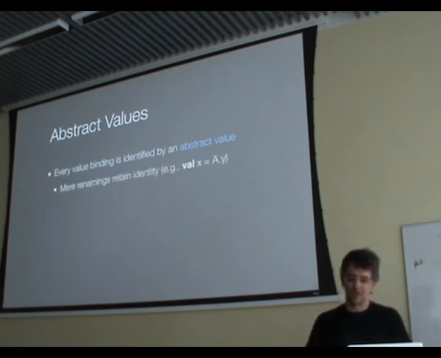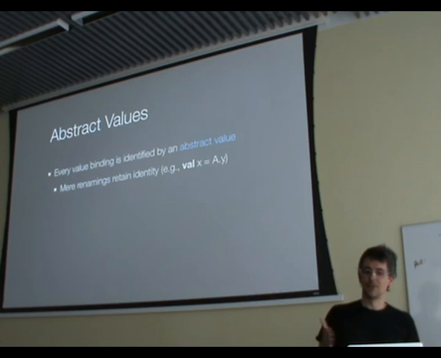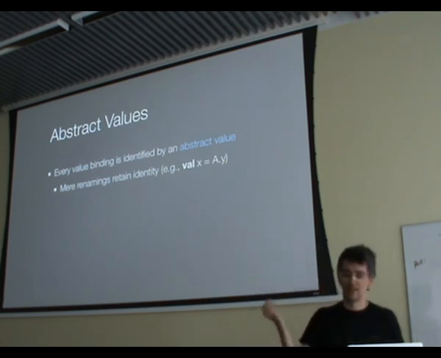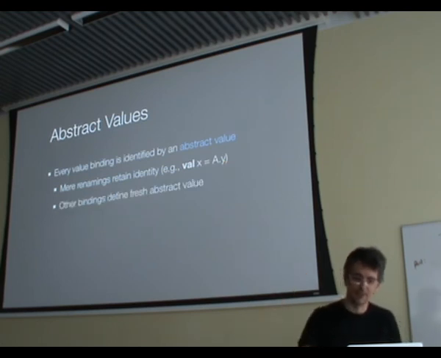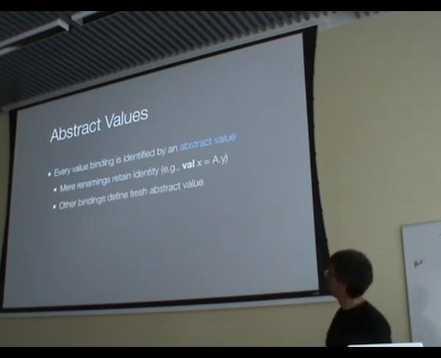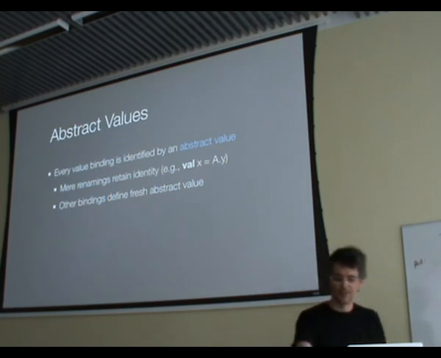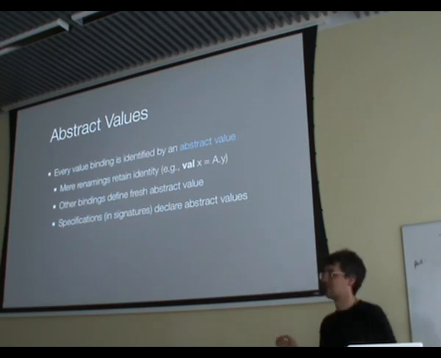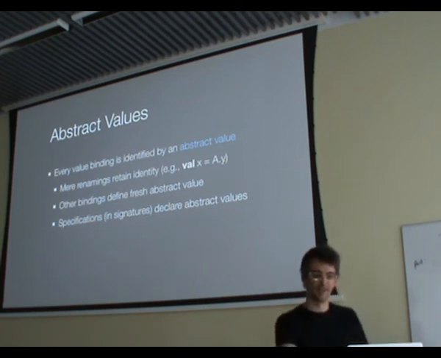And we track that in the type system. In particular, when you have a binding that is merely a renaming of some other thing, then you retain this identity. But all other bindings introduce fresh identities. And in signatures, you basically have abstract identities for all values that are specified there.